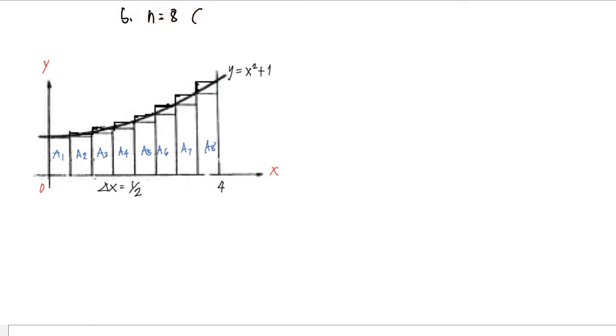Tapos yung assumption natin dito ay inscribe pa rin tayo. So, n is equal to 8, meaning hinati natin sa 8. We have here area 1, 2, 3, 4, 5, 6, 7, 8.